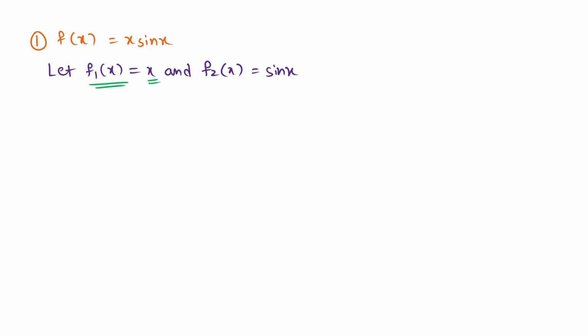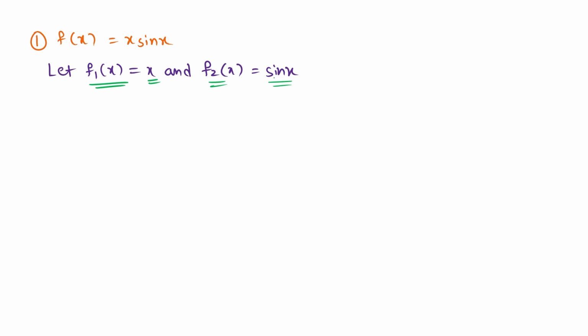Let's get started. सबसे पहले we'll solve the first sub question where the function of x is given to us as x into sin x. So before we proceed, let us assume that we have another function and we are calling it f1 of x, and let this function f1 be x, and then we have a second function f2 of x, which we are denoting as sin of x.